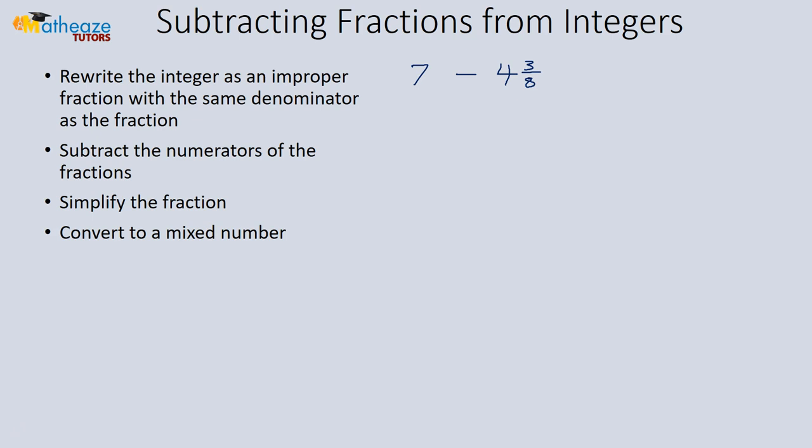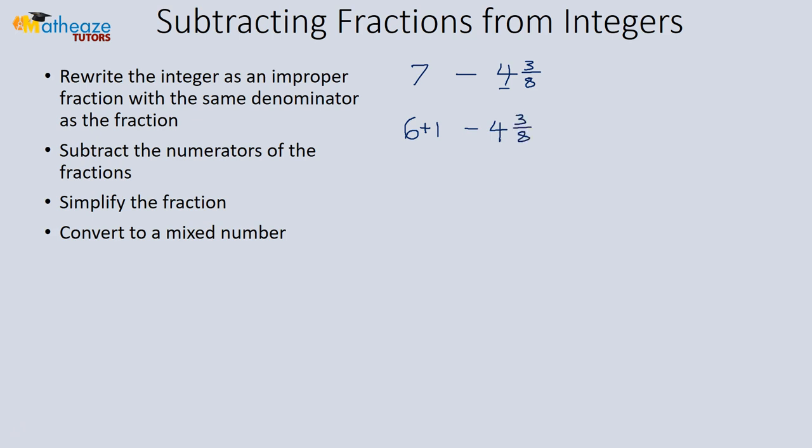So we have a mixed number here, so that means that you also have an integer attached to that fraction. So here's a slight change in what we're going to do. We're going to subtract 1 from the 7, so we make it 6, and we have plus 1 minus 4 3 over 8.